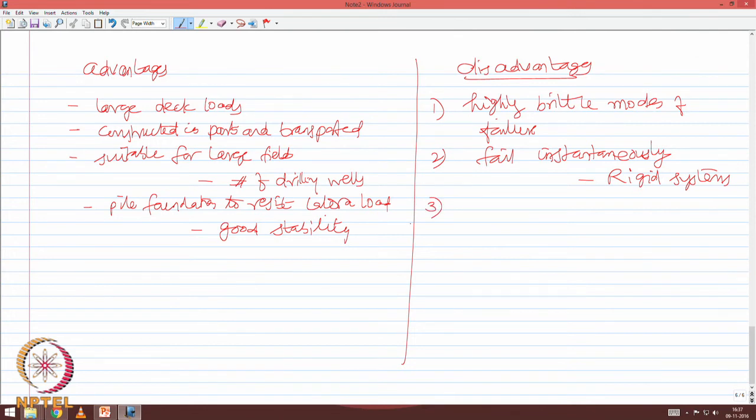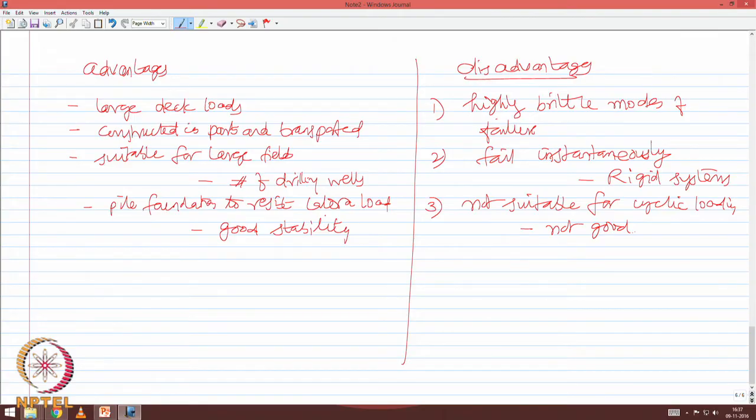Because of the fixity and high degree of stiffness involved, they are actually not suitable for cyclic loading. Friends, the moment I say they are not suitable for cyclic loading, their behavior under earthquake loads are really worrying. So, not good under earthquake loads.